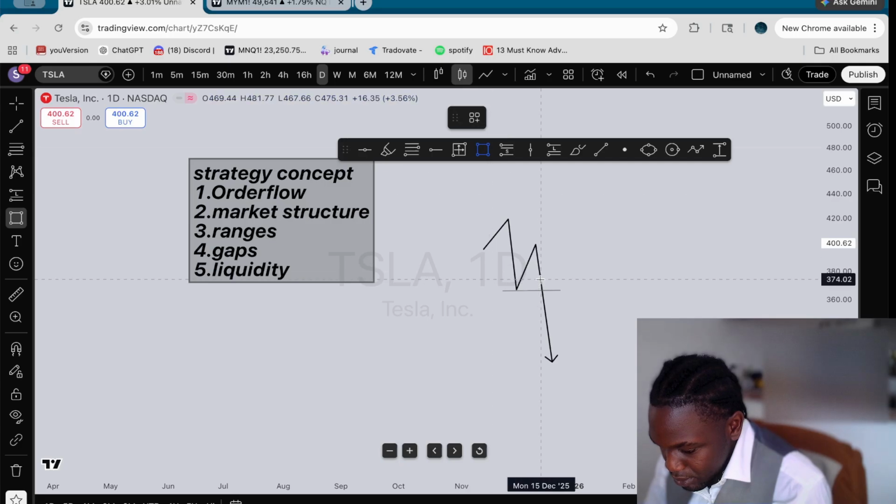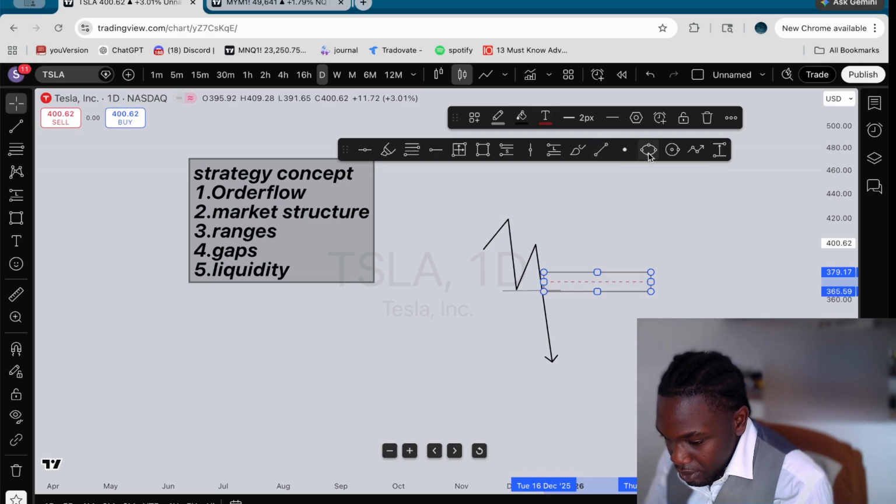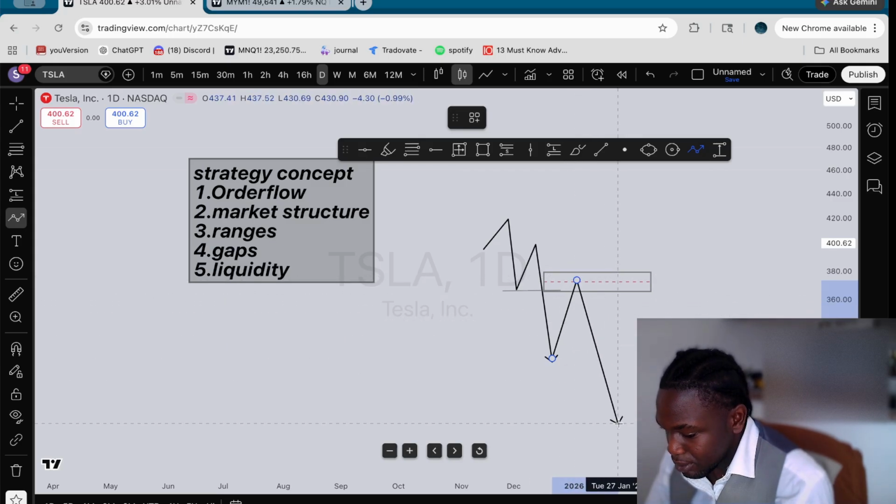So what we're going to do is look at that range and identify the gaps. Now maybe there's a gap here, right? Maybe this was a gap. This is where the gap was. The whole idea of ranges is that after price created this low, price is going to trade back into this gap and then continue lower.